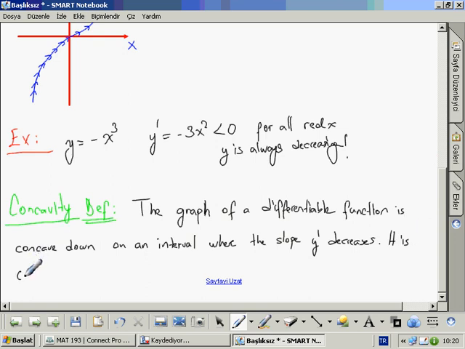It is concave up on an interval where the slope y prime increases.